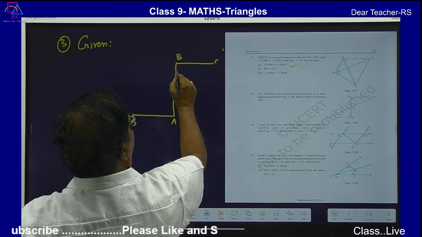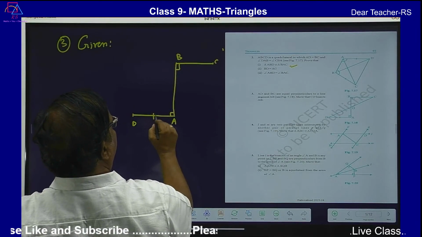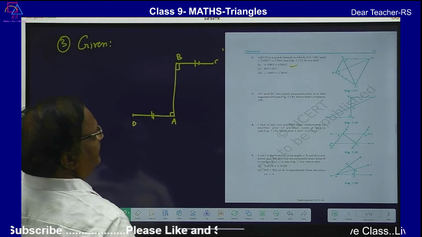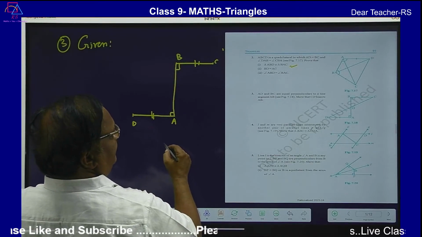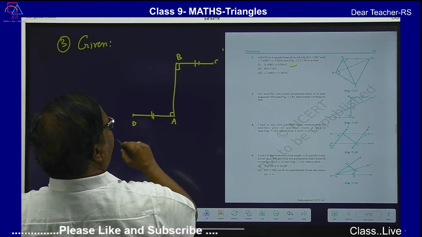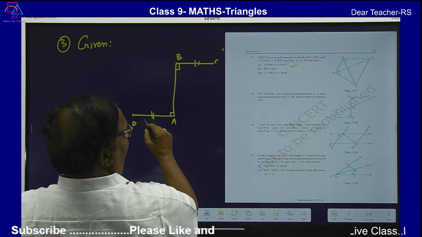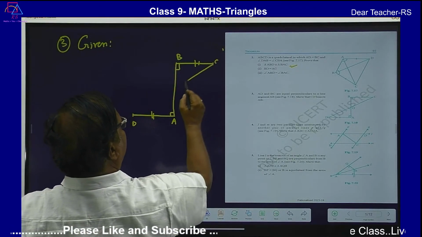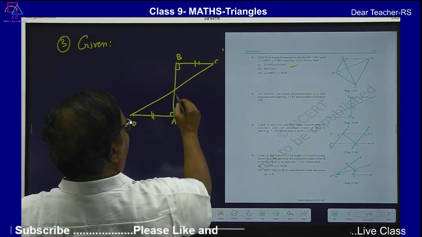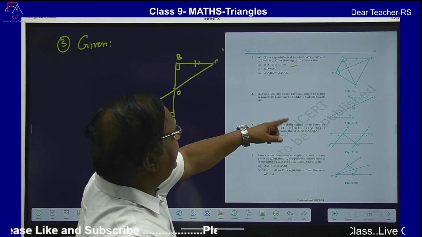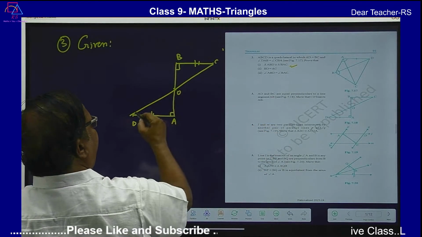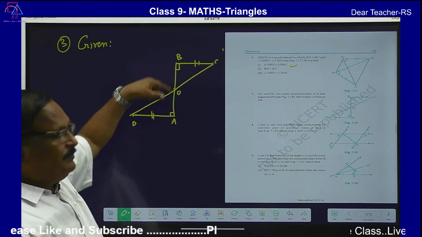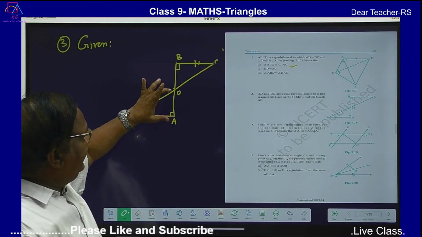This is equal perpendiculars. That means these two perpendiculars are equal perpendiculars to a line segment AB, and this is joined at O. So show that CD bisects AB. This CD bisects AB means O is the midpoint and AO is equal to BO.